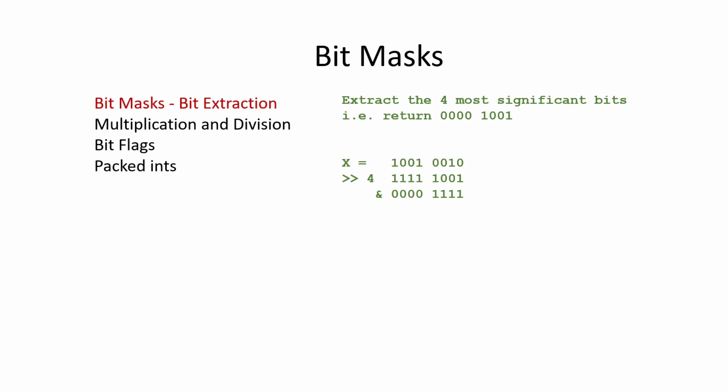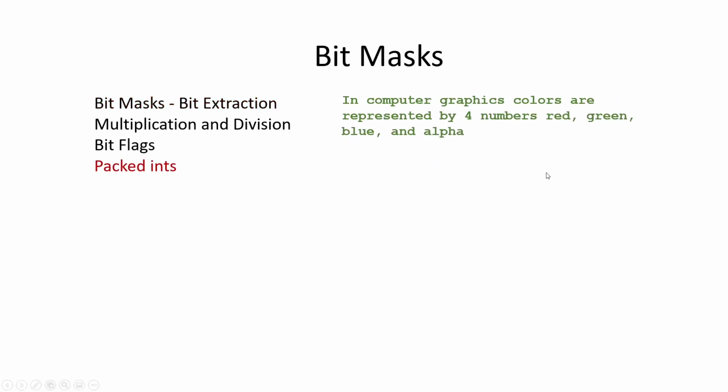I'm going to jump down. Oh, yeah, there's the answer, 1001. Jump down. I want to talk about packed integers for a second. And here's my example. This is where it's very common. In computer graphics, we're going to represent colors by 4 numbers, red, green, blue, and then an alpha channel to represent transparency.